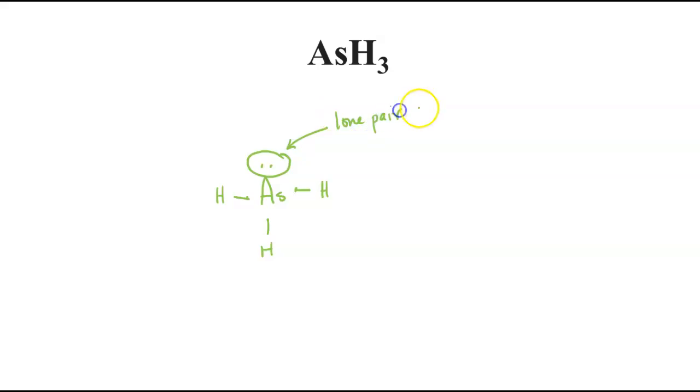A lone pair will always have high electron concentration because they're by themselves. They don't need to share any electrons. There is a huge cloud of electrons here. This alone is going to show that this side is negative and this side is positive, just because of that lone pair. I don't even have to do dipoles, because as soon as I see a lone pair, I know this is a polar molecule.